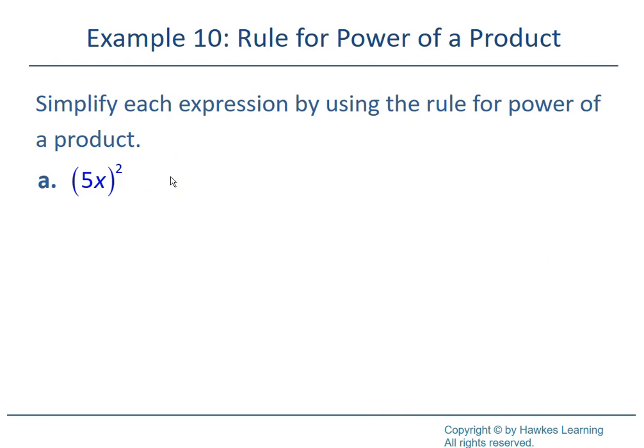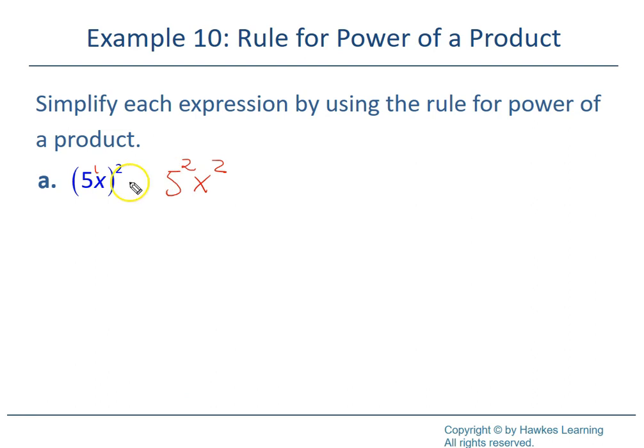So keep in mind, and let me just go over this one a little bit here. There's a 1 by the 5. So this is going to be 5 to the second, and then x to the second.